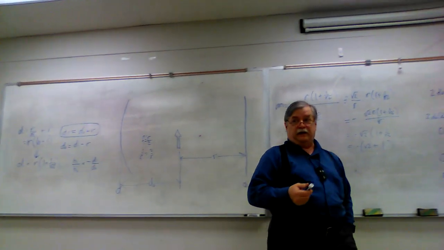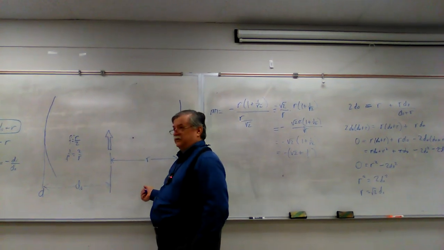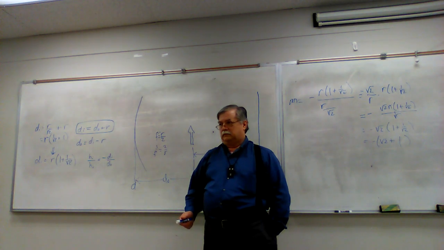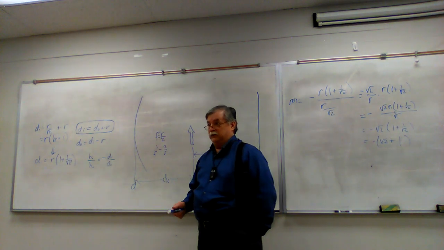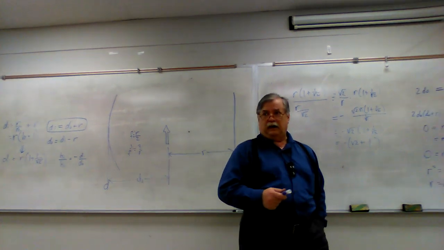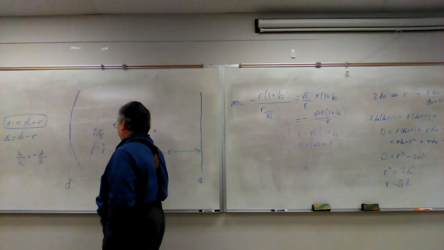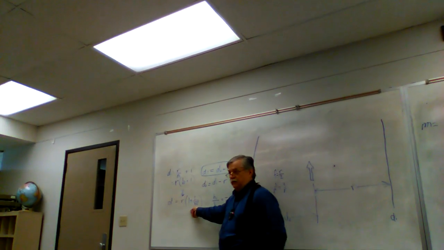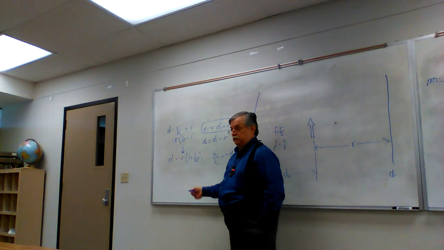What would a negative object distance or d sub O mean? That would mean you're doing the problem backwards, because all of this is ray tracing. And you can trace the ray. It doesn't really care if this is d sub I and this is d sub O or vice versa.